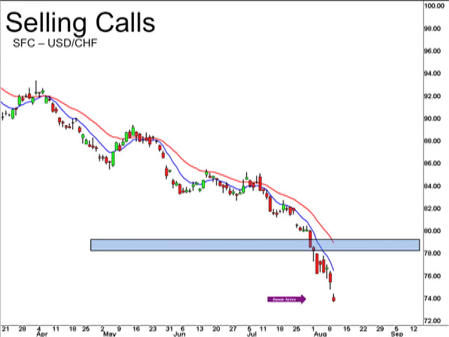But the idea in this case might be such that, all right, it looks like the SFC, or the U.S. dollar versus the Swiss franc, is going to continue to trend down.